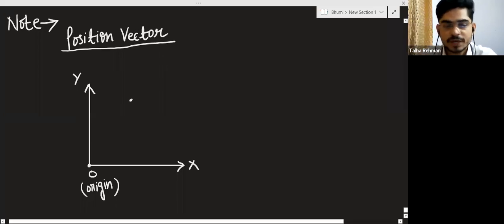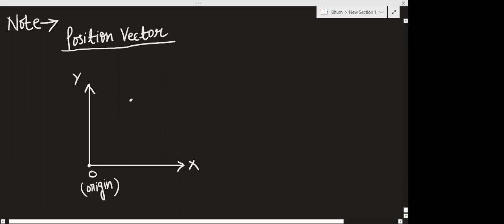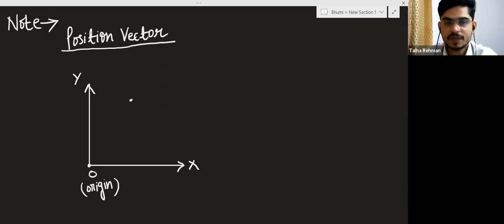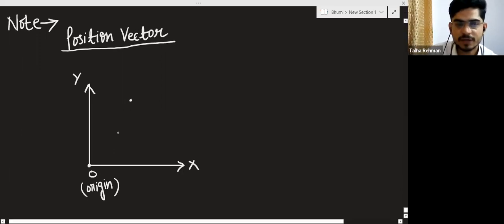I am supposing a point here, with respect to the x-axis and y-axis.